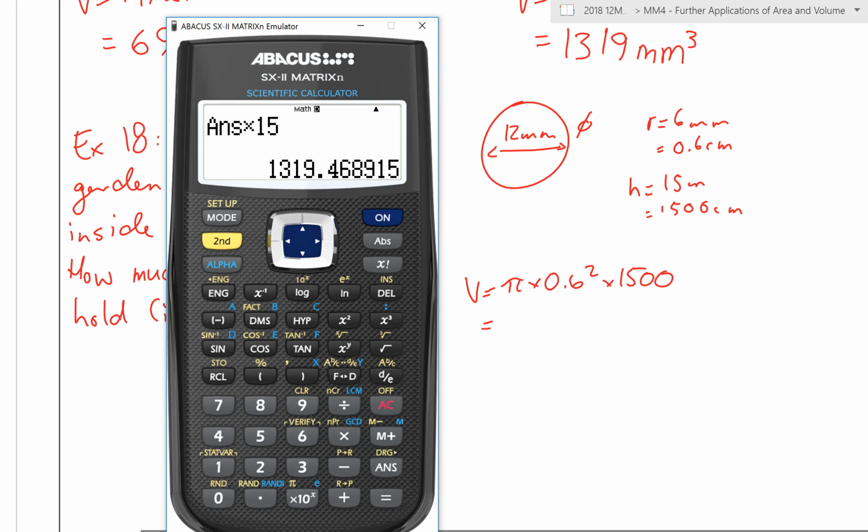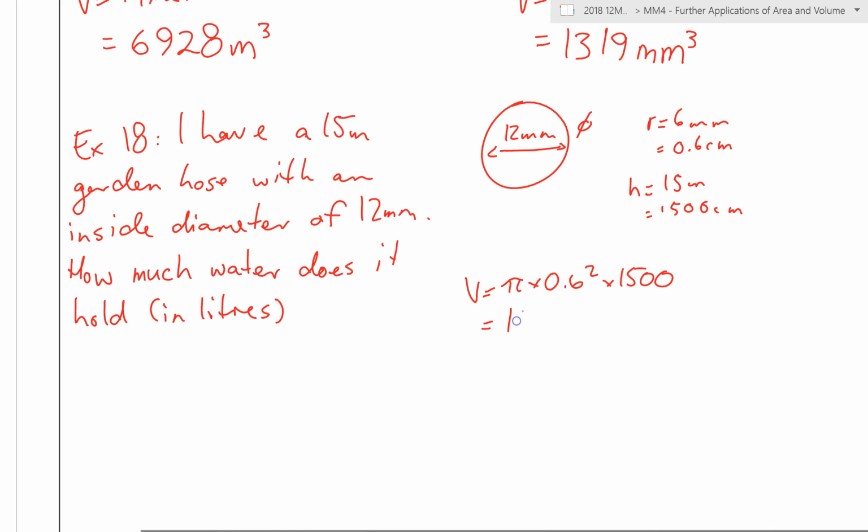Hey calculator, pi times 0.6 squared times 1,500 equals 1,696 cubic centimetres, which is 1,696 millilitres, a very straightforward conversion, approximately equal to 1.7 litres. So my hose holds about 1.7 litres of water, which is about 1.7 kilograms.